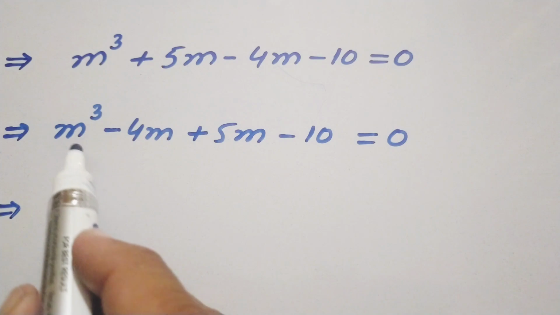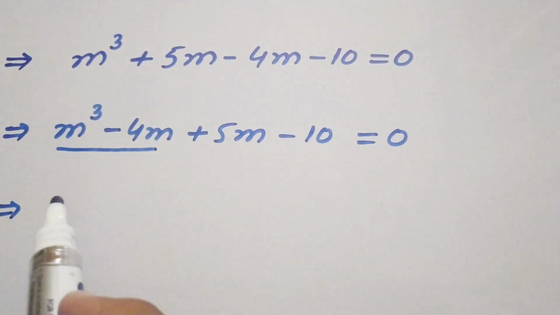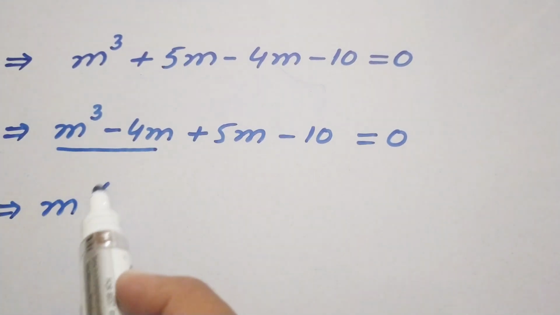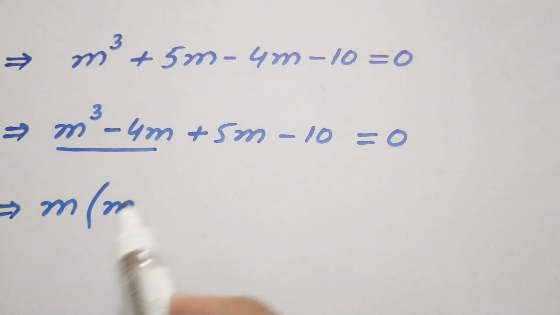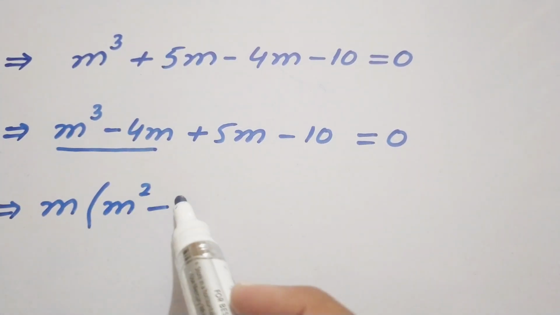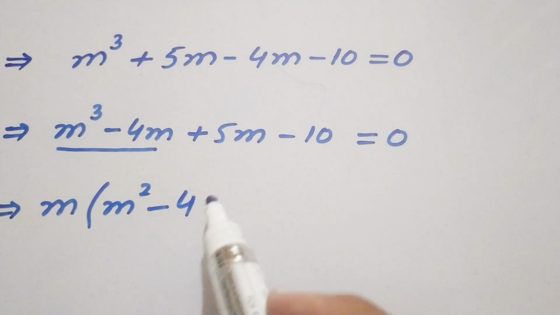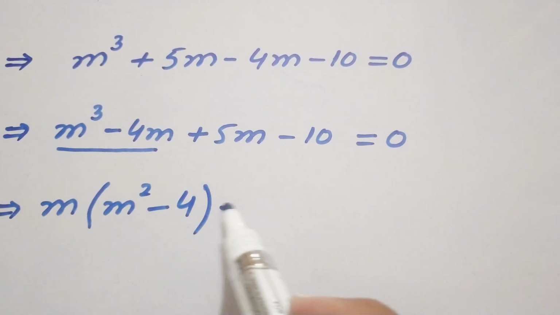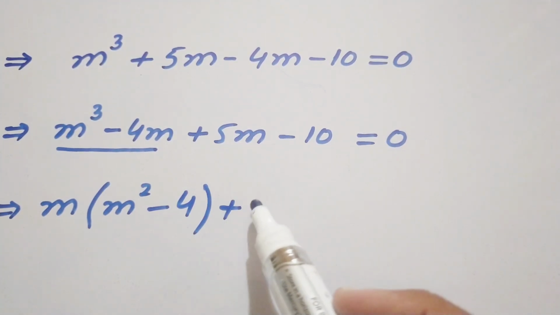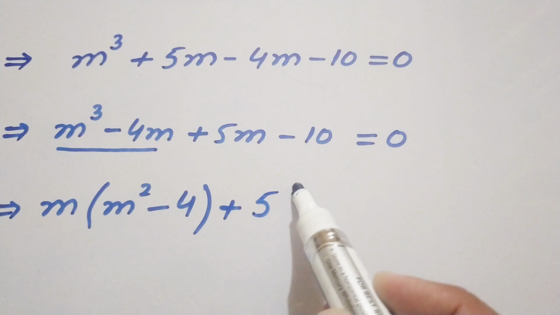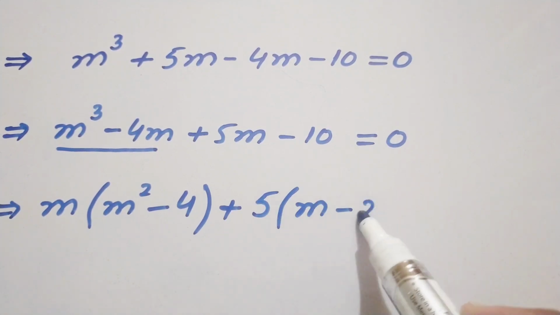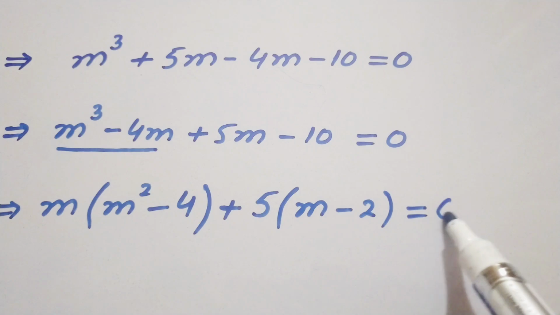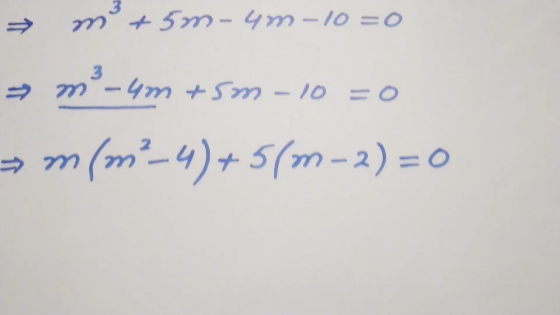So now we take common from the first two terms m. m is taken as common and inside m square minus 4. From the other terms we take common 5 and inside m minus 2, since 5 twos are 10. This is equal to 0.